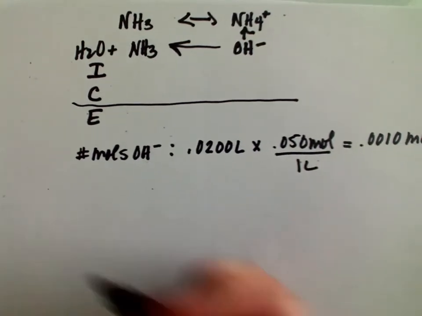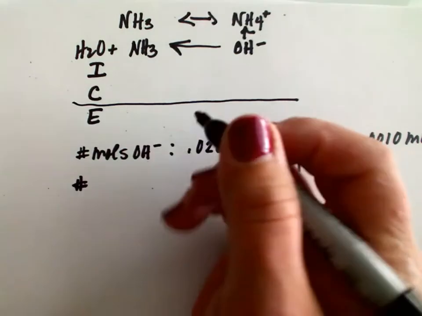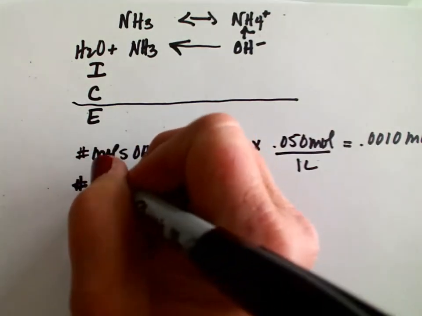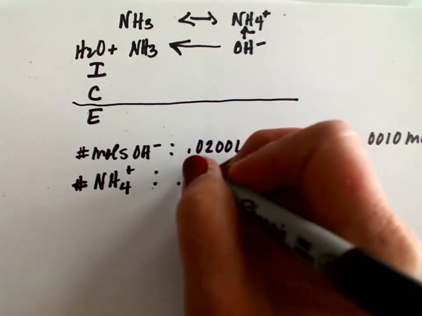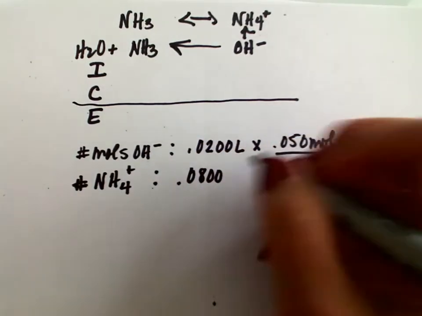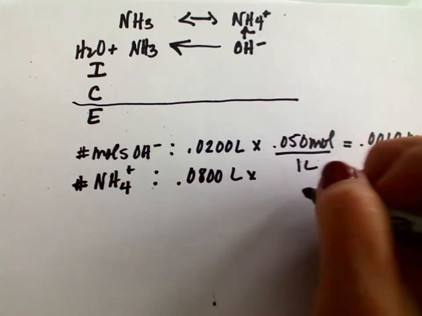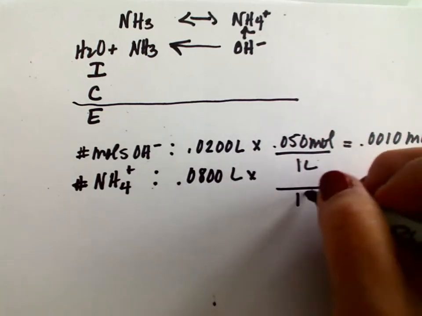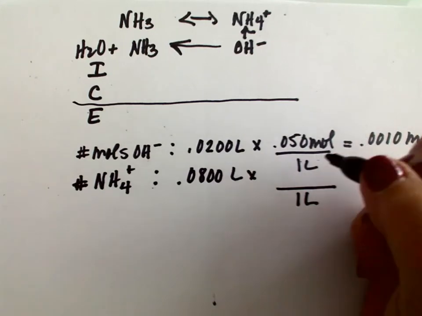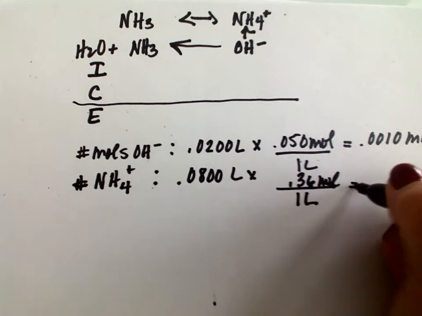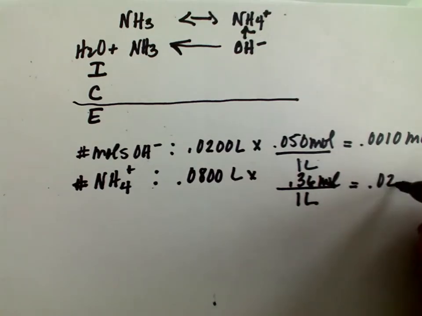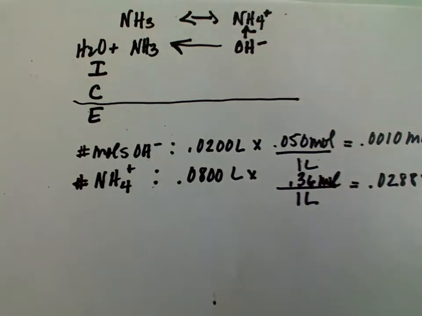Okay, so that's going to be our change. Number of moles of ammonium first. This we have 0.0800 liters that we're starting with, and this is 0.36 moles in 1 liter. So we have 0.0288 moles of ammonium ion.